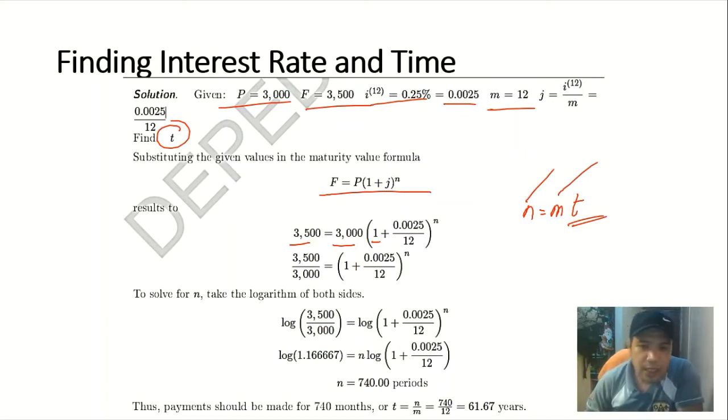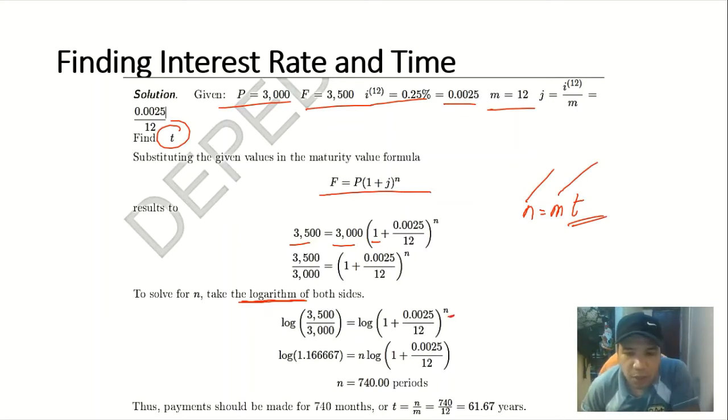To get n, we need the logarithm. So we take the logarithm of both sides. Logarithm of 3,500 over 3,000 is equal to the logarithm of (1 + 0.0025 over 12) raised to n.